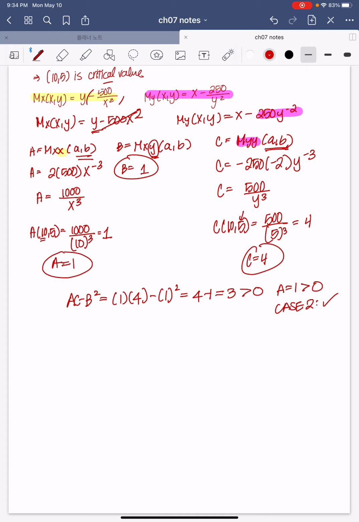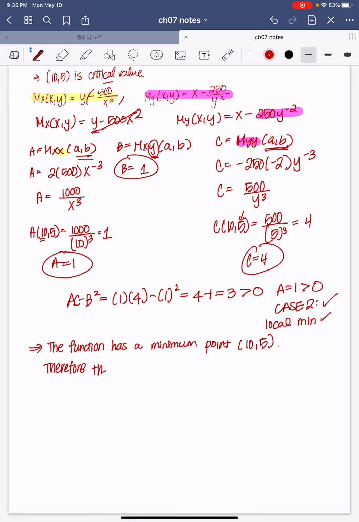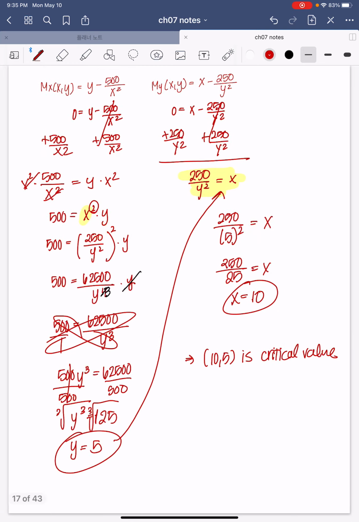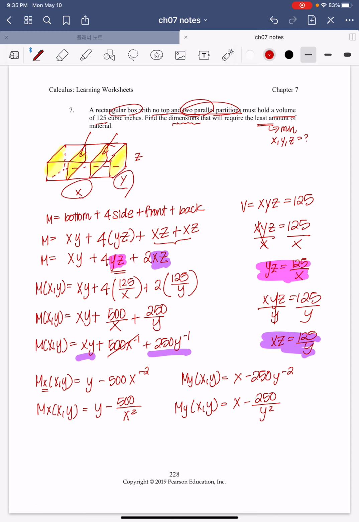So over here, I'm going to have the function, so local min. So the function has a minimum point 10, 5, which means, therefore, remember x and y, x was your length, y was a height, but we need to solve for z because we want the whole dimension, so we'll use this function to find out.